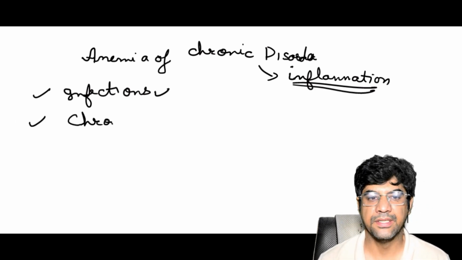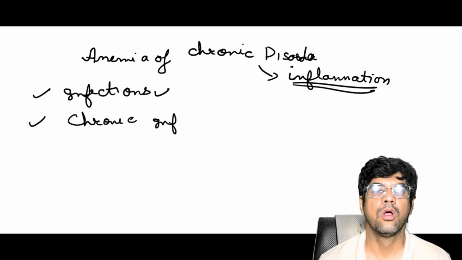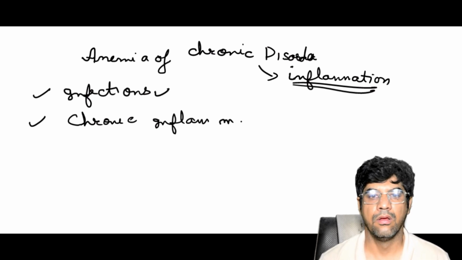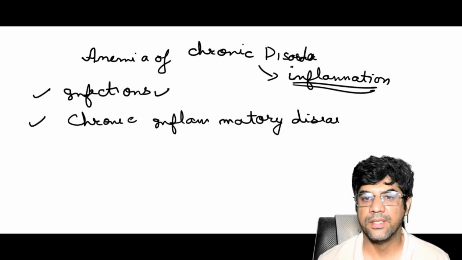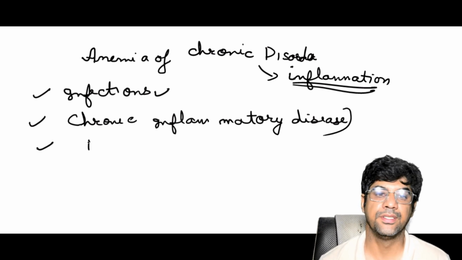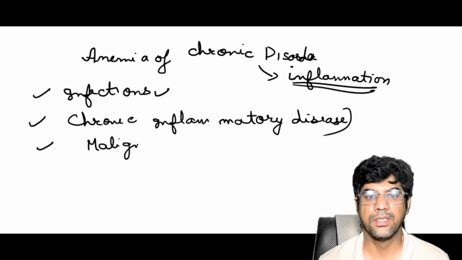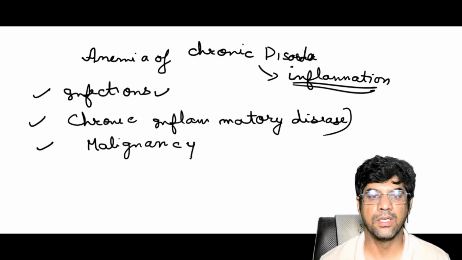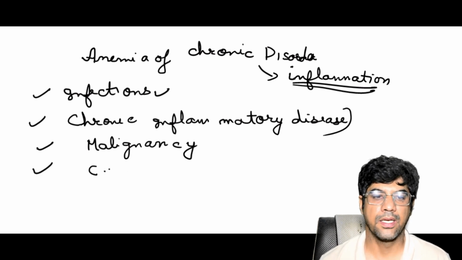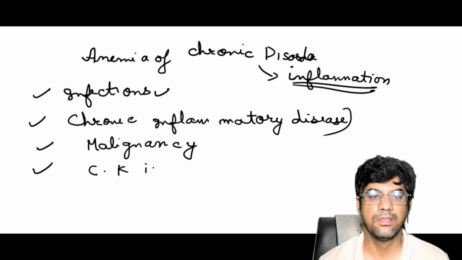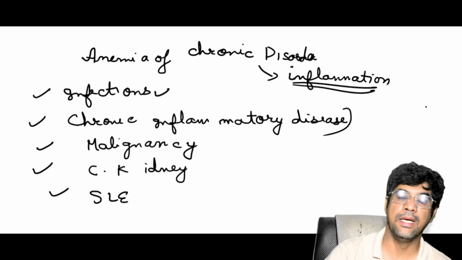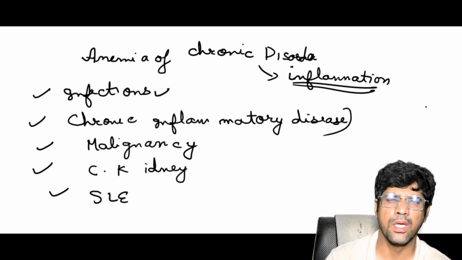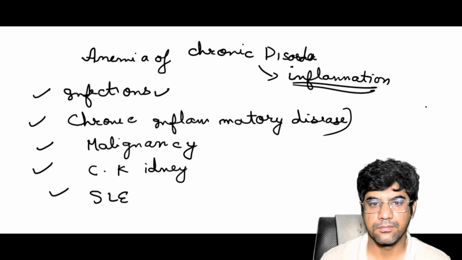Chronic inflammatory diseases could be rheumatoid arthritis, inflammatory bowel disease, etc. Malignancies like lymphomas, carcinomas, chronic kidney disease, and autoimmune disease like SLE. So these are all associated with anemia of chronic disorders.